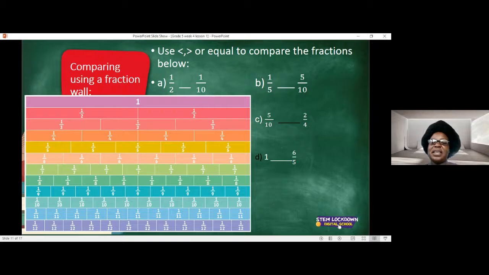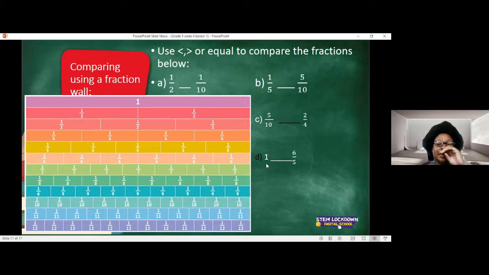So an improper fraction is bigger than 1/2. So in the 6/5, there is 1/2 and extra. Because 5/5 is 1, 2, 3, 4, 5, and then 6/5 will be outside the fraction wall. So this means that 6/5 is bigger than 1/2.